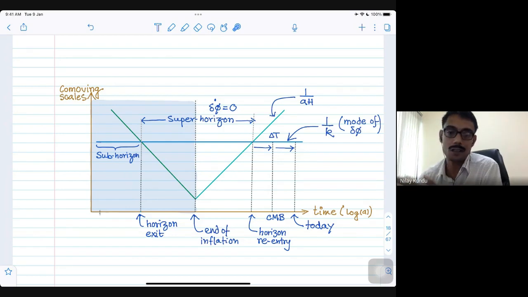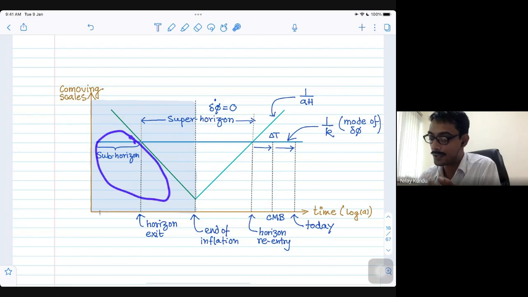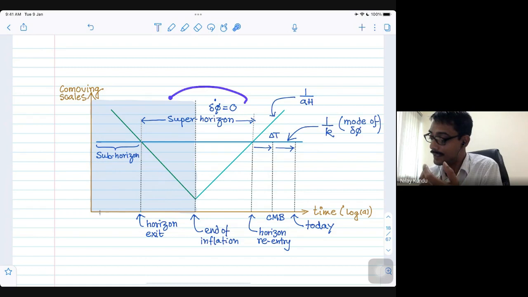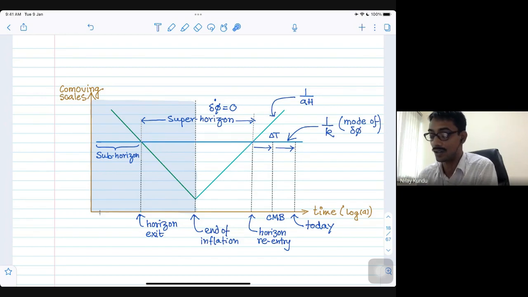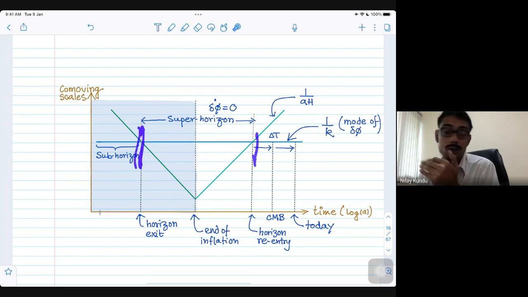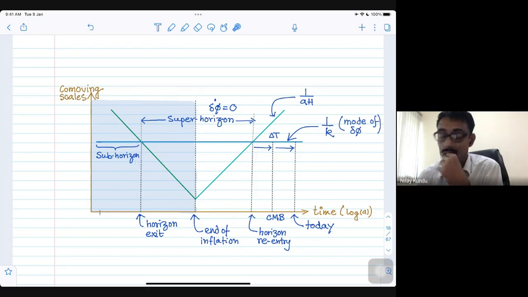But what we are all after is what happened during inflation. Because the super horizon mode gets frozen, we don't need to worry about what happens in this long part of the evolution. Whenever it exited, you can get a snapshot just at this point, which is equivalent to this point.